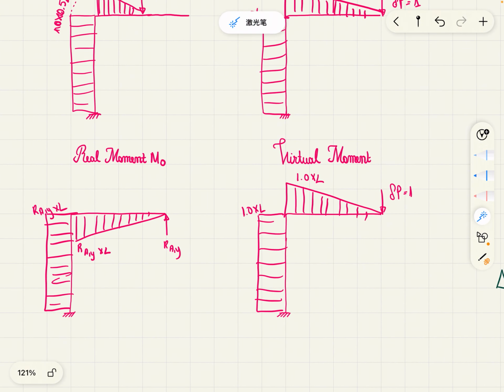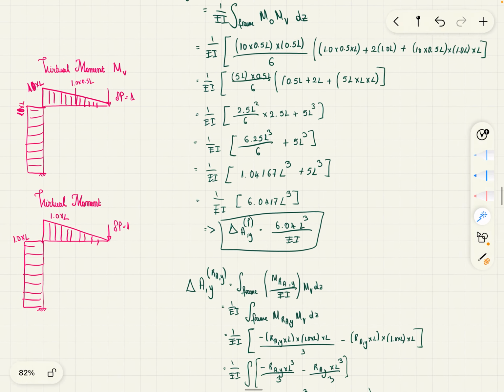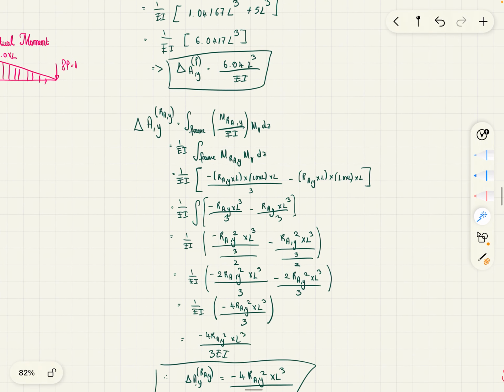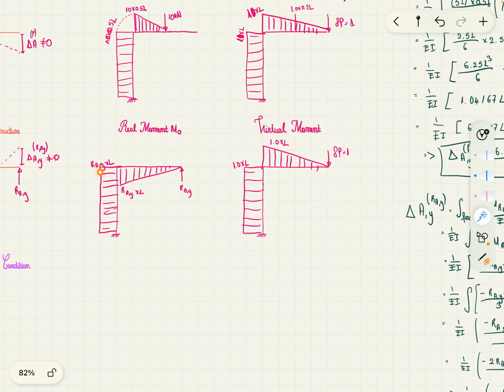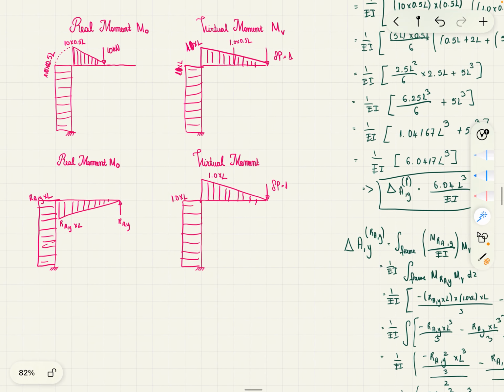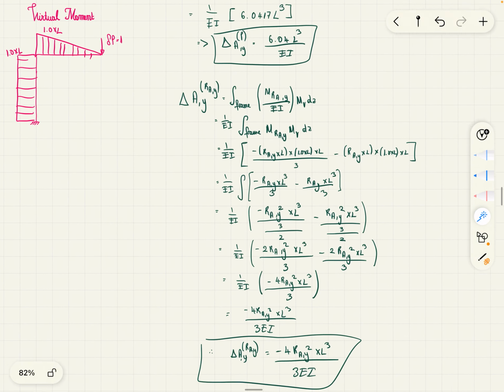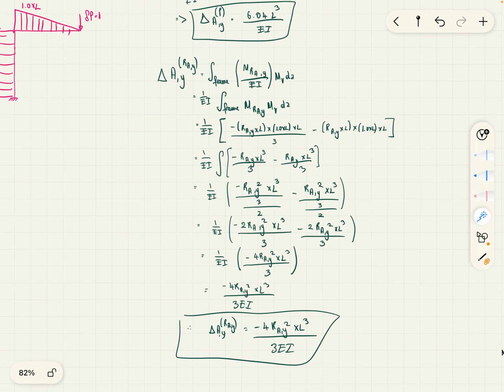Now in the product integral table, we're going to have to find the formula for a triangle and another triangle, but bear in mind one of the triangles is inverted, so in the calculations we're going to have some minuses. Basically here you can see it starts, and also we take into consideration the 2 rectangles, and we get that the displacement at A due to the reaction force in the y direction is this.